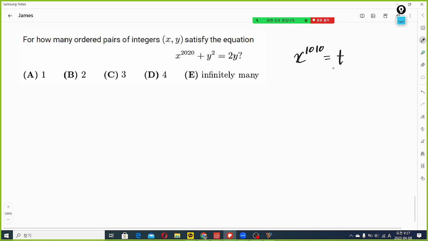I think we may substitute t for x to the power of 1010.